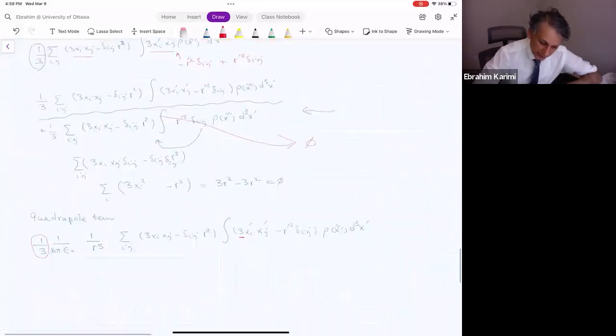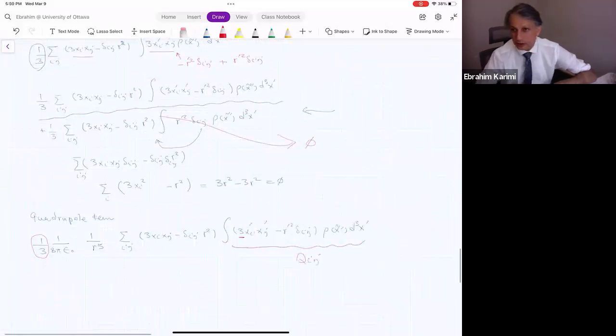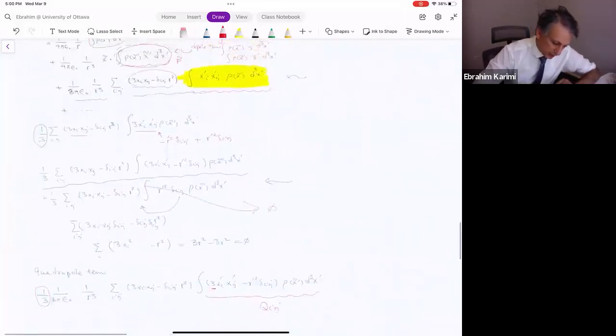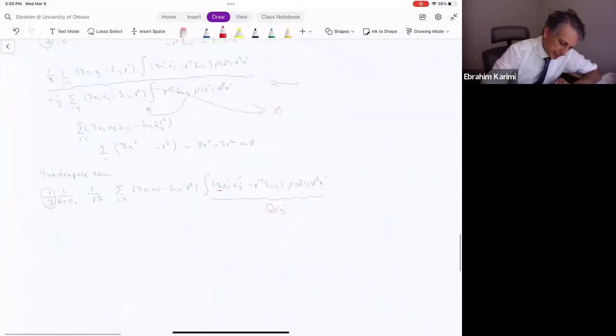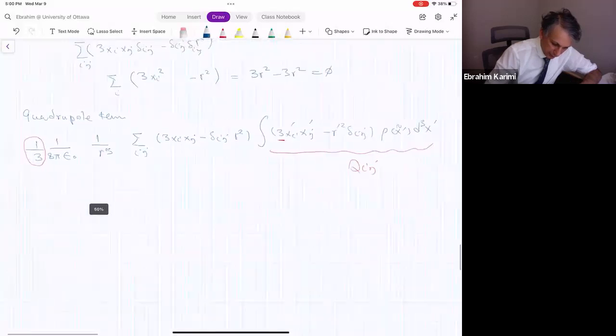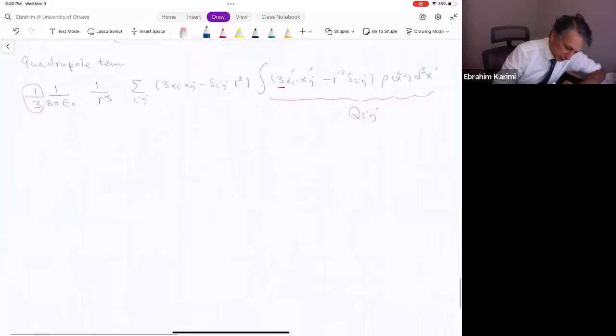What do we call this? Qij is what they call it, the quadrupole term. And Qi, let's write it down. So help me, guys, because I'm sure that I will make mistakes. But with your help, we will be able to write it properly.